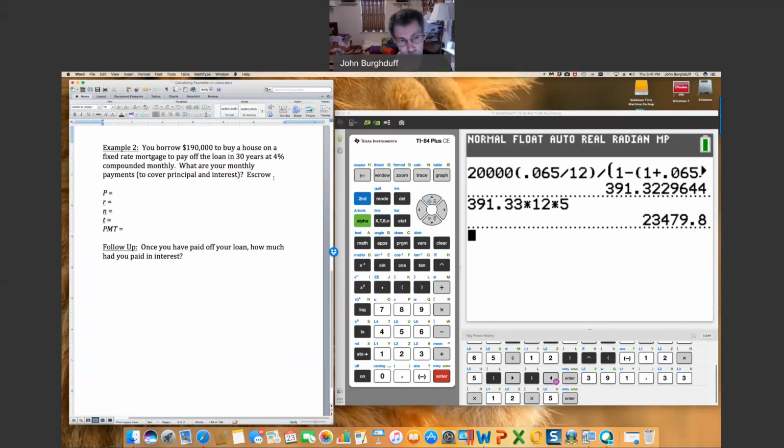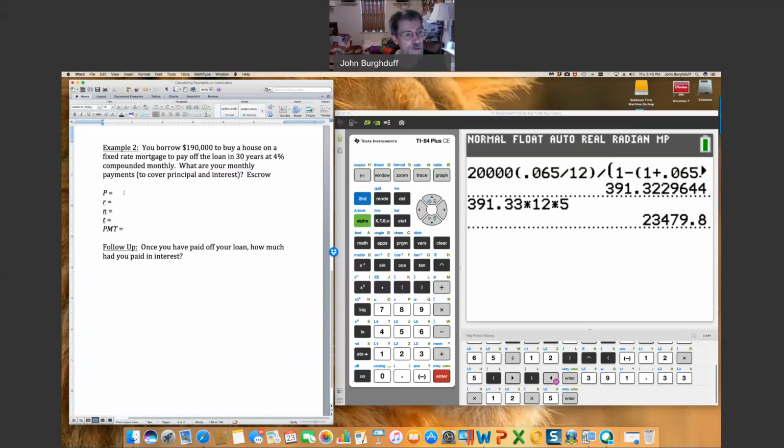Those are added on above and beyond the payments that you make just to cover your principal and interest. This formula will not help you with that. This will only tell you what you owe on principal and interest, and then whatever those costs are have to be added on. And it's important to remember that they're going to be added on if you're going to buy a house. But to just get the payments for principal and interest, the same formula can be used.